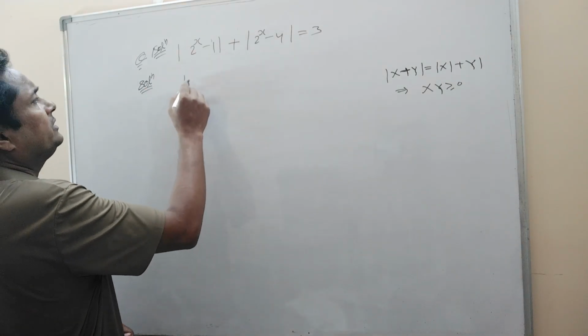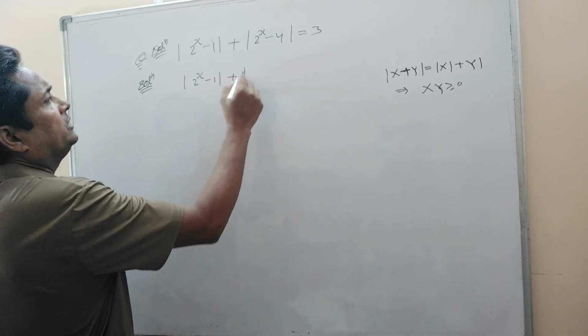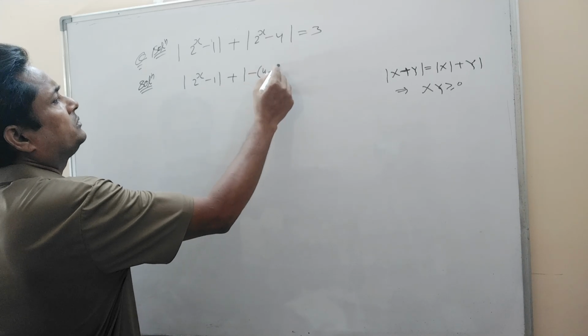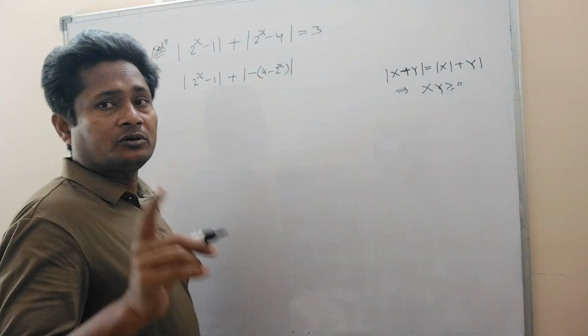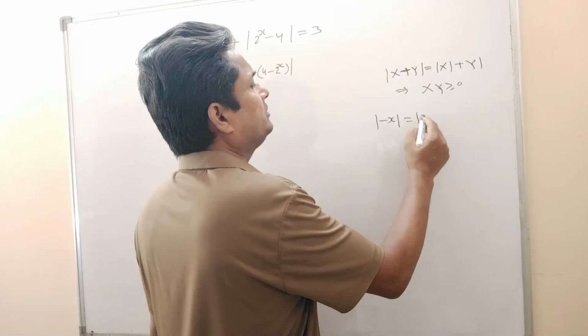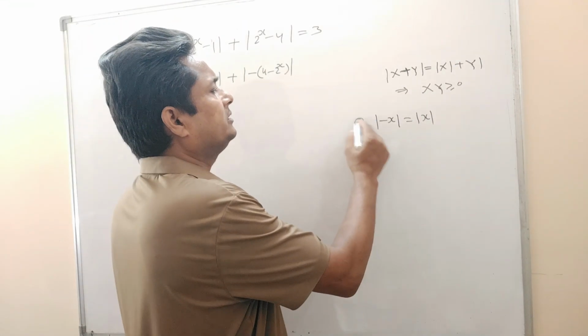See here, we can write 2 to the power x minus 1 plus, this can be written as minus of 4 minus 2 to the power x. The property of modulus is what? Mod of minus x is equal to mod x. I told this property earlier.